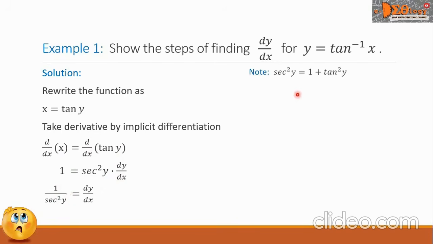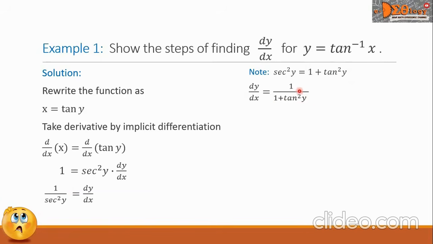Take note that secant squared y equals 1 plus tangent squared y. We will substitute this value in here. So dy over dx is equal to 1 all over 1 plus tangent squared y.